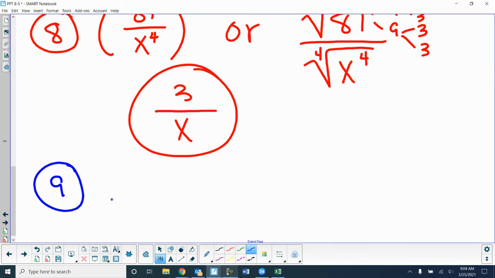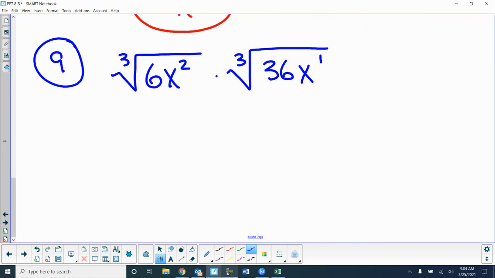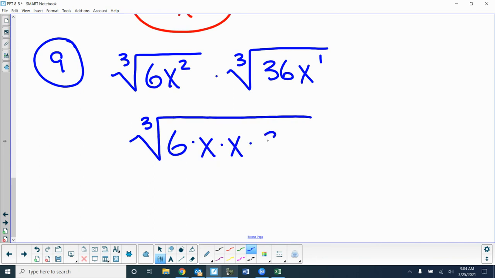All right, for number 9, we got cube roots. Okay. So what you could do, you guys realize that's the same thing, right?